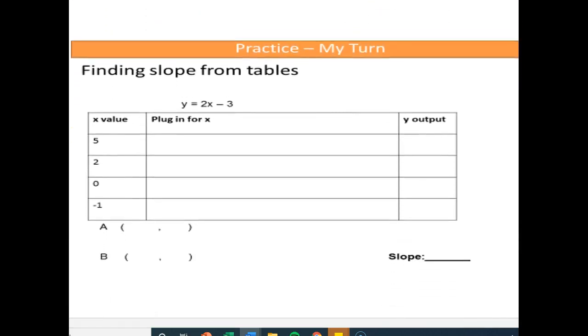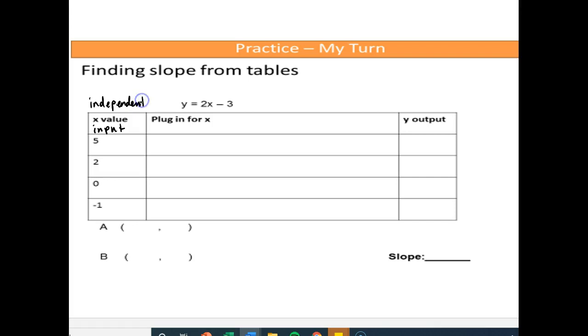Finding slope from tables, it's a little bit like plugging in for algebraic expressions, right? So if I give you an equation y equals 2x minus 3, I give you some x values. All I want you to do is plug in your x value and give me your output. So your x value is often known as your input, your independent variable.